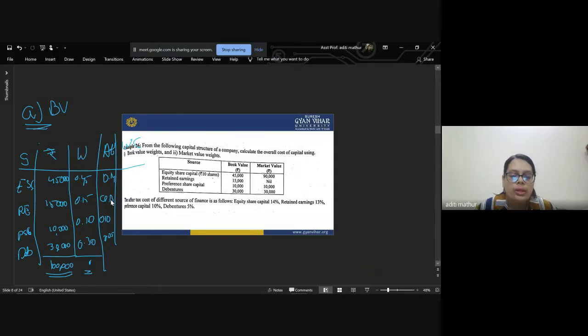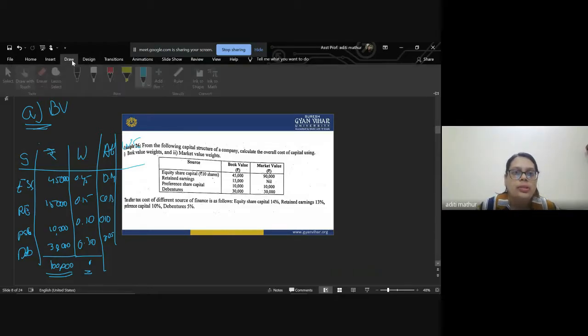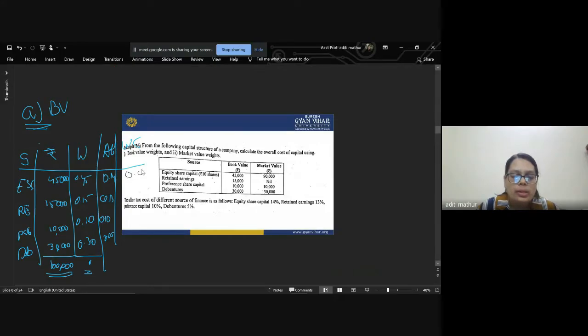So 0.45 into 0.14 is equal to 0.063. Then 0.15 into 0.13 is 0.0195.